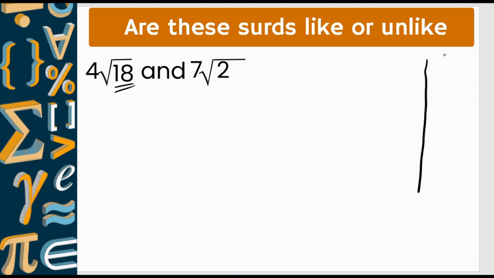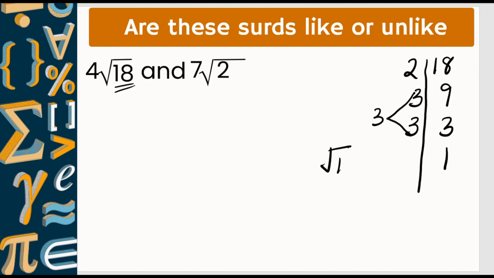I'm going to prime factorize 18: 2, 9, 3, 3, 3, 1. Then I'll group in twos, I'll have 3. Then root 18 has been reduced to 3 root 2. Remember I have 4 here, that's 4 root 18, and root 18 has already given us 3 root 2.